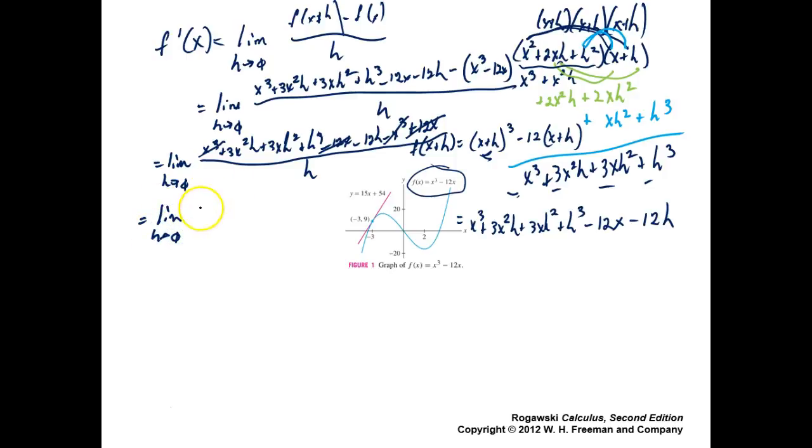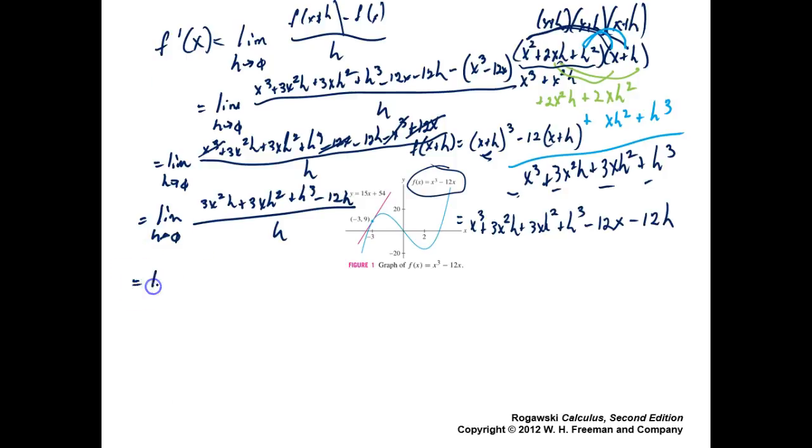So here's the limit as h approaches 0. Now we got rid of some terms, and what we have left is 3x squared h plus 3xh squared plus h cubed minus 12h divided by h. Now what do you notice about that numerator? They all have a factor of h in it. So let's factor that out.